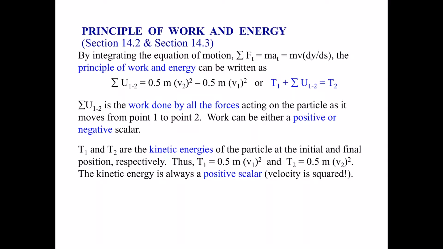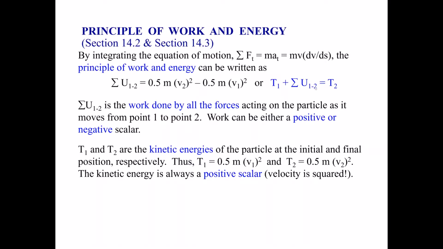So your variable of integration is now going to be velocity. This is our relationship between the two: here is the work being done, and here is the kinetic energy associated with it. So when you do work on an object, you increase its kinetic energy. Here's the initial kinetic energy, and here's the final kinetic energy.